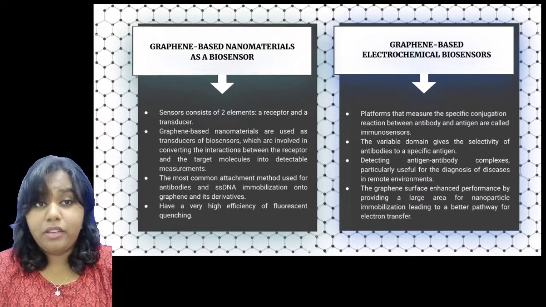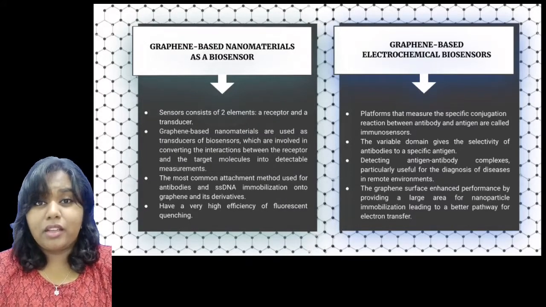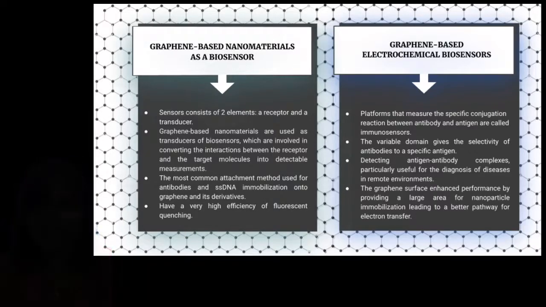For this to happen, the bioreceptor, which are molecules such as antibodies, single-strand DNA, and enzymes, need to be attached to the transducer surface itself. The most common attachment method used for antibody and ssDNA immobilization onto graphene and its derivatives, which are graphene oxide or reduced graphene oxide, is EDC/NHS chemistry, whereas enzymes are most commonly immobilized by using physisorption.